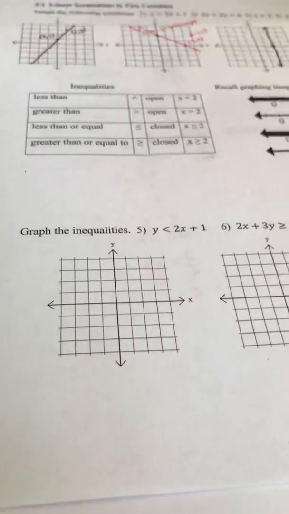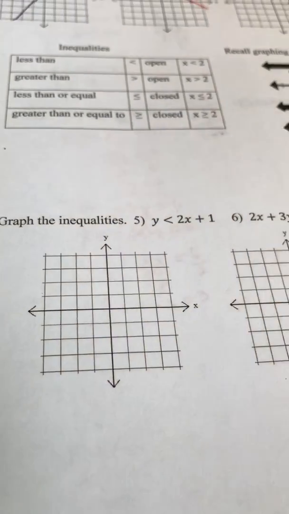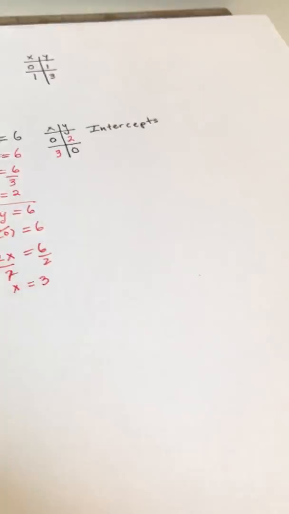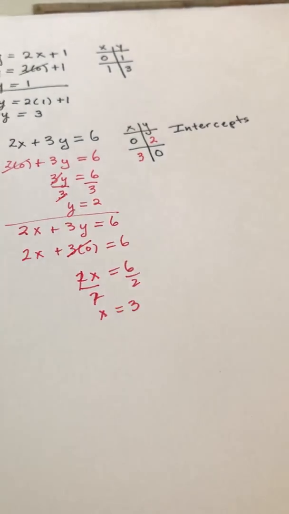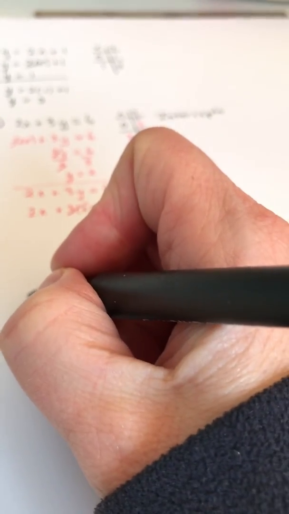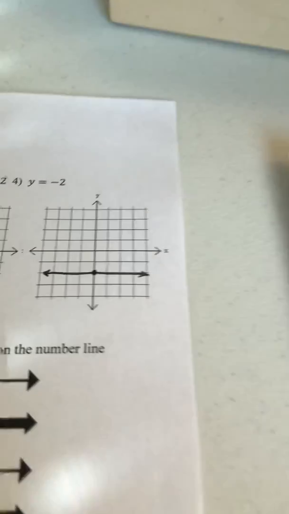And now we're going to do this in 2 dimensions. So we have y is less than 2x plus 1 for number 5. I'm just continuing the notes here: 1, 2, 3, and 4. Remember, those were just a vertical line and a horizontal line.